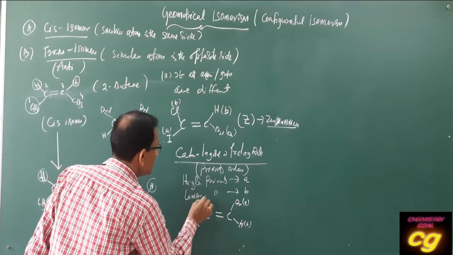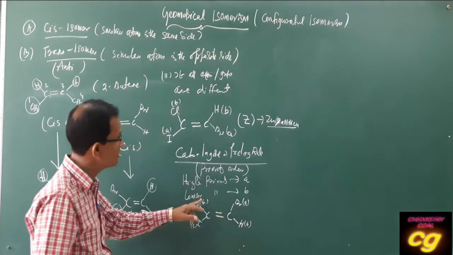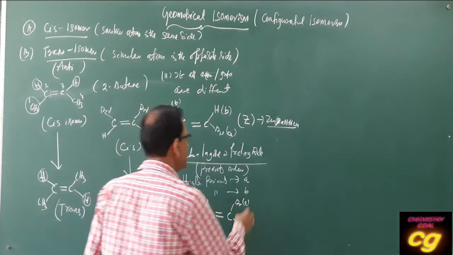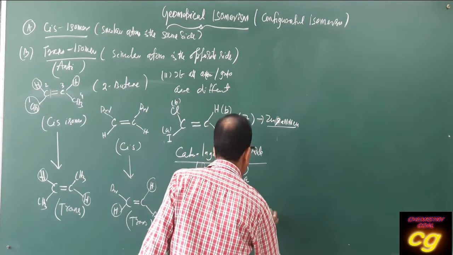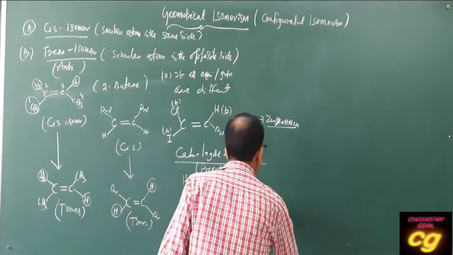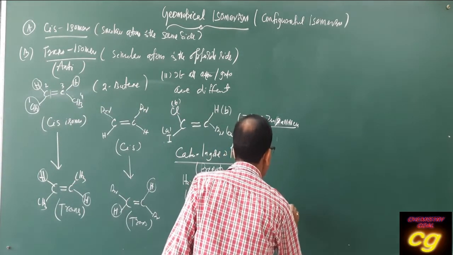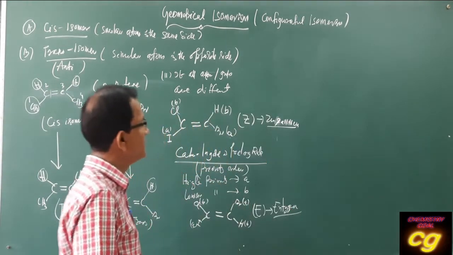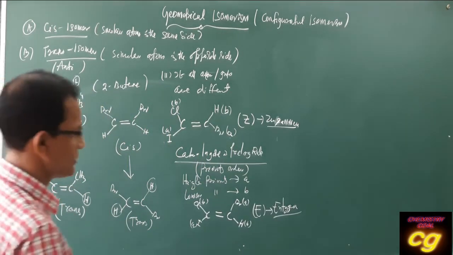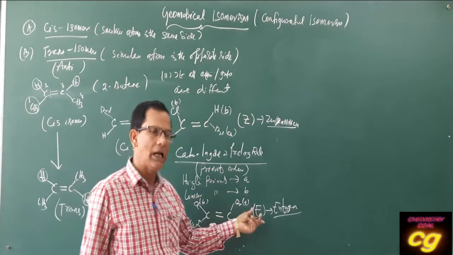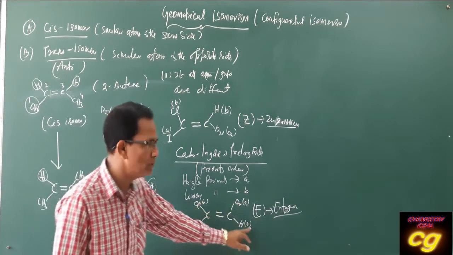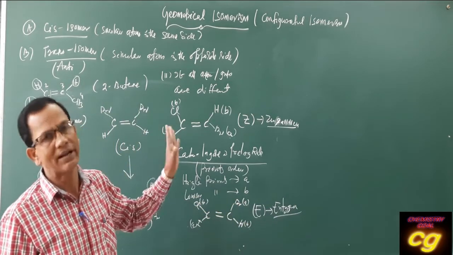This is A, this is B. Here you see B, B, A, A on opposite sides, that is called E. E means entgegen. Entgegen means it is opposite. So A opposite B, B opposite A. That is just like trans.